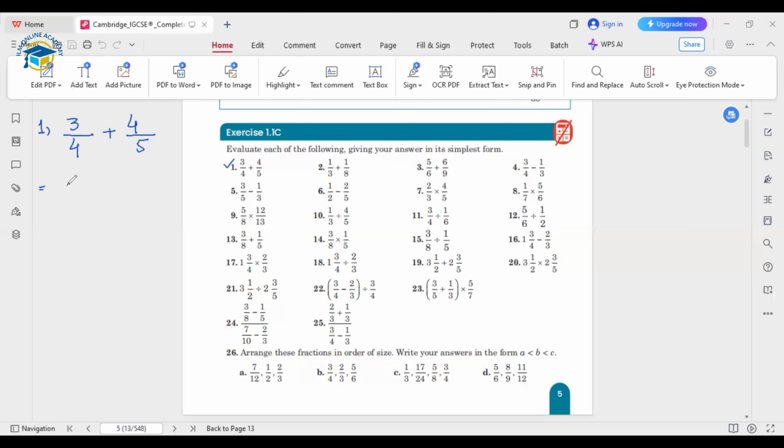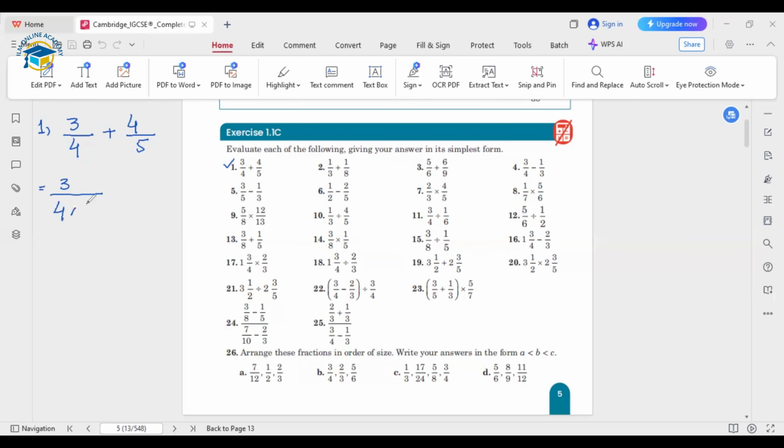So I'm having 3 by 4 and here I'm having 4 by 5. To make the denominator similar, this number is going to be multiplied with both the numerator and the denominator. Similarly, this number you are going to multiply with both numerator and denominator. It means that you need to do some kind of cross multiplication.